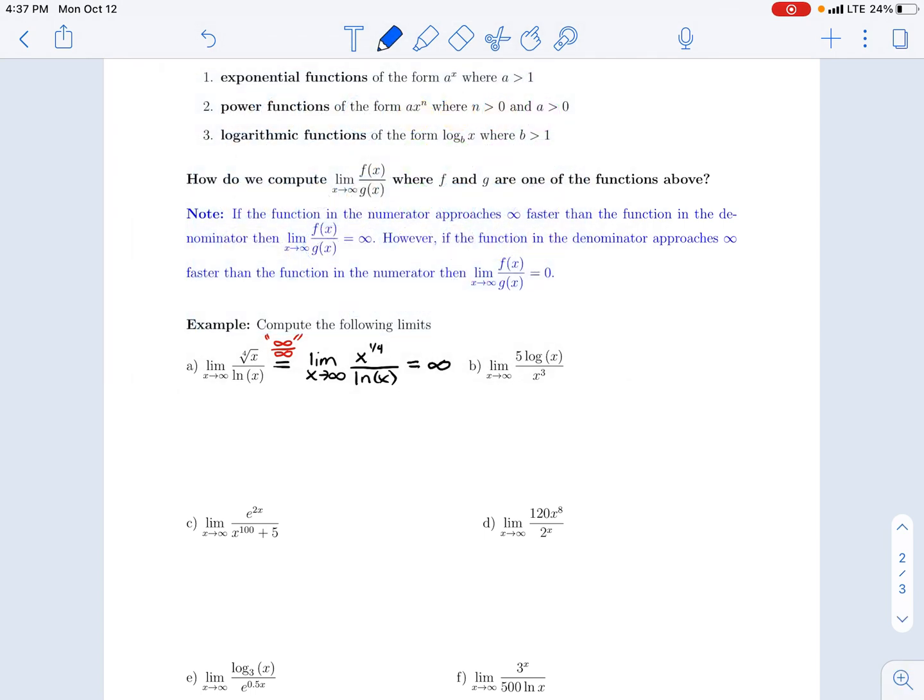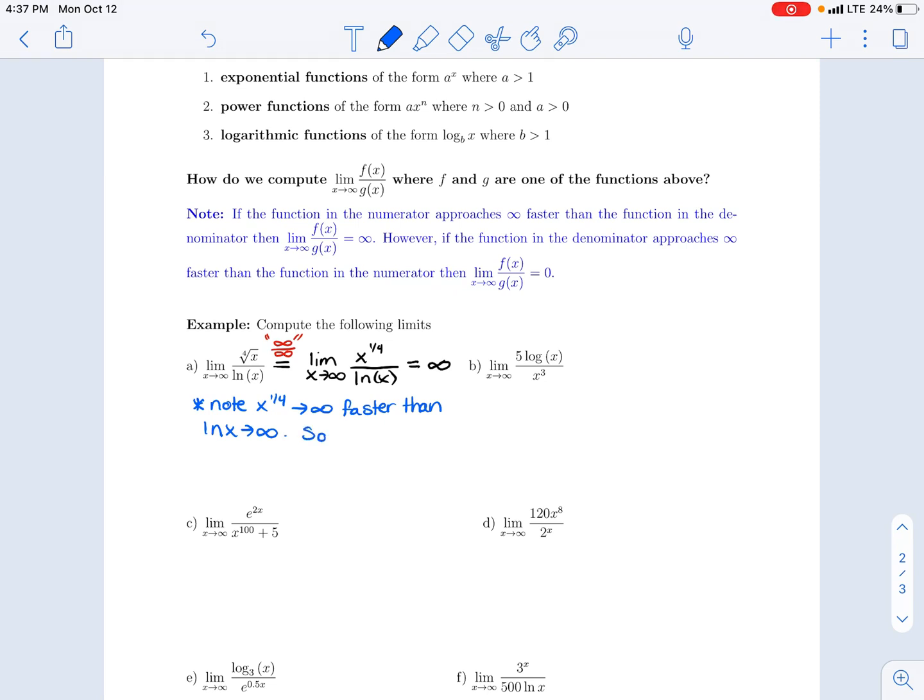And so here, I'm going to note x to the 1/4 approaches infinity faster than ln x approaches infinity.